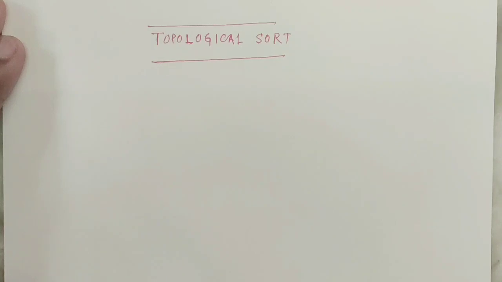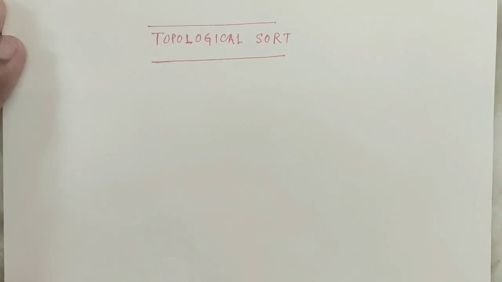Fine? So from the terminologies of graph theory, two very important terminologies are source and sink. By definition, a node in a graph that has no incoming edge is called a source, and a vertex or node that has no outgoing edge is normally called a sink.